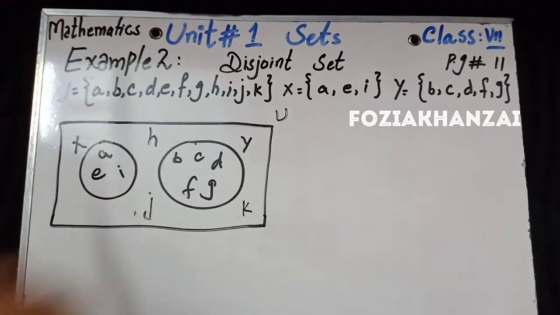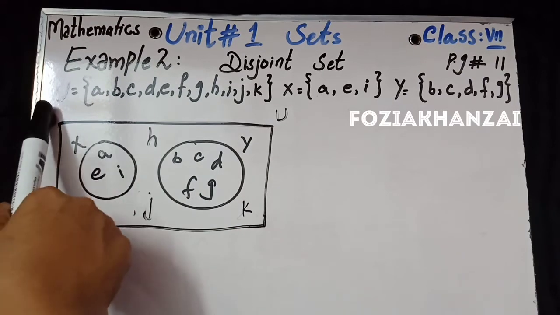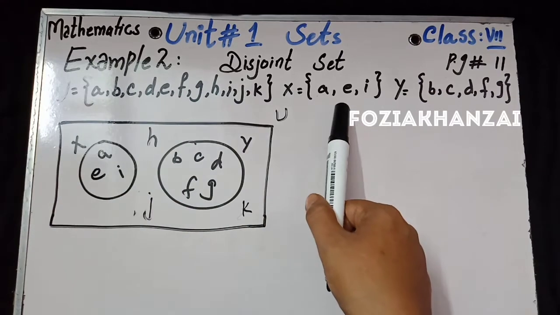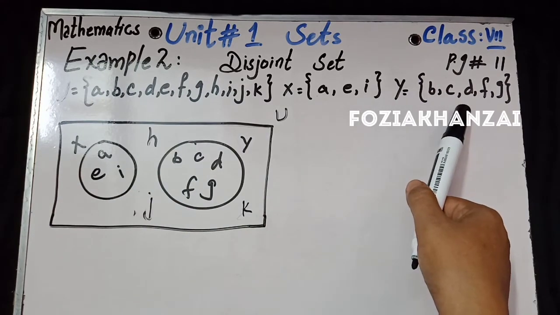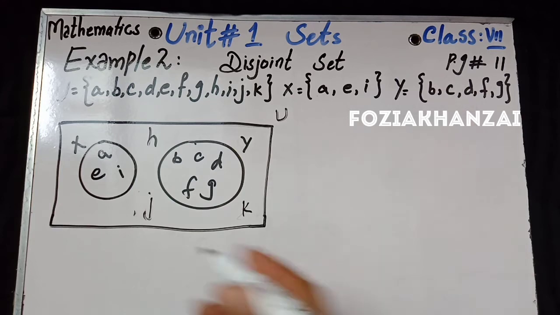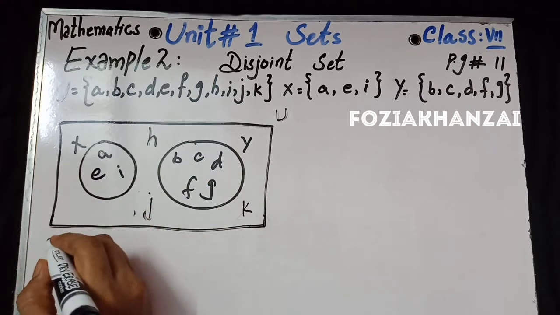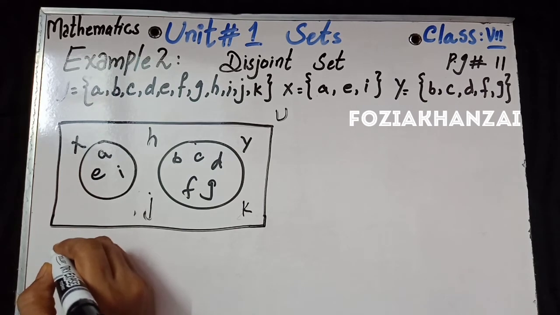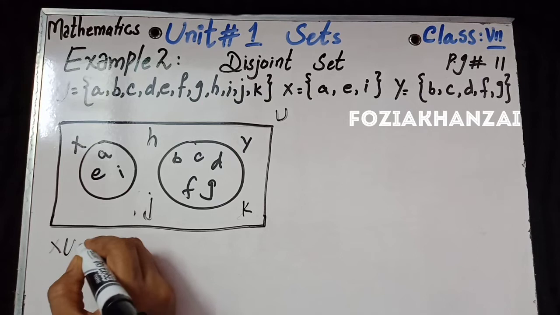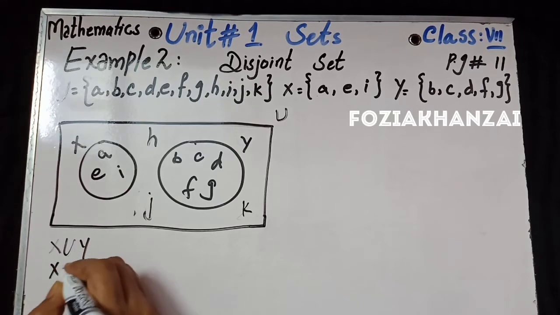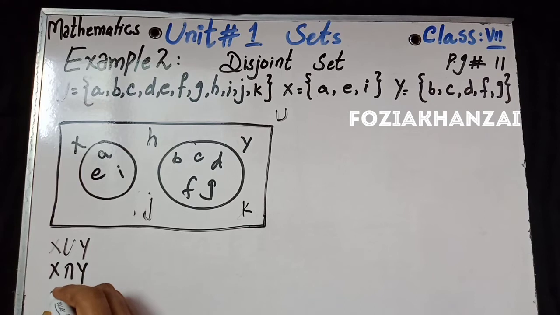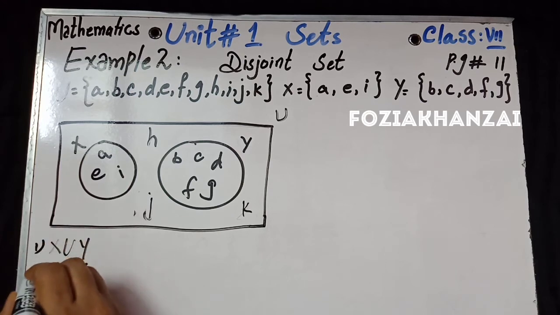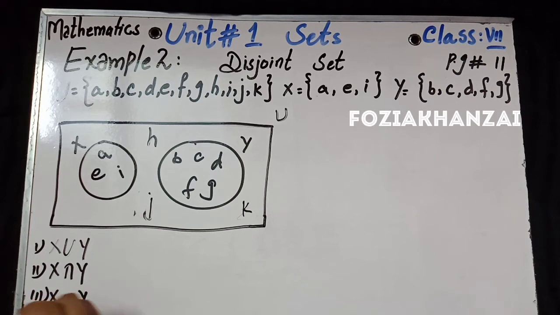Disjoint set with universal set: U, the universal set, elements of set X, elements of set Y. Now in this Venn diagram we find X union Y, X intersection Y, X difference Y, and Y difference X. First part, second part, third part and fourth one.